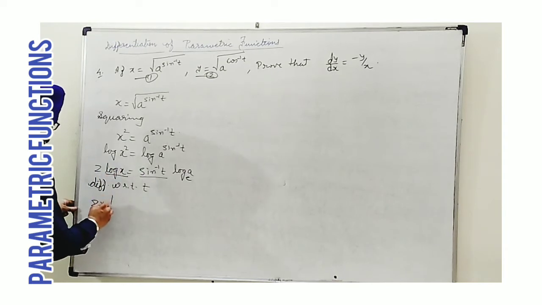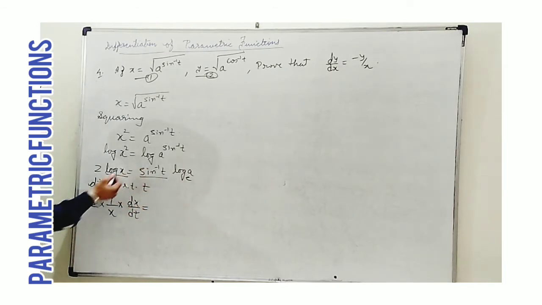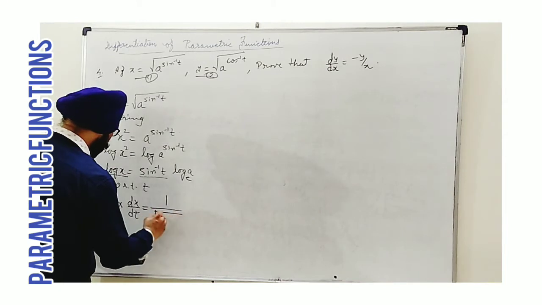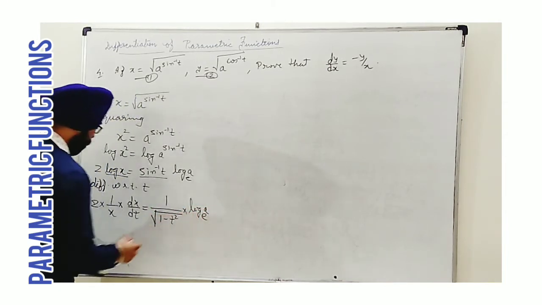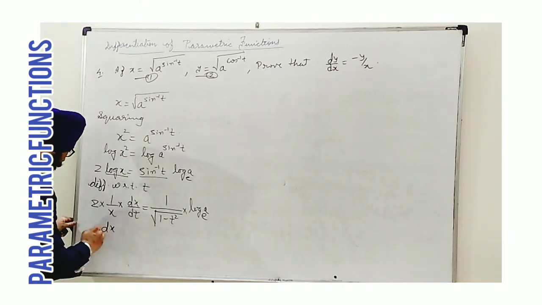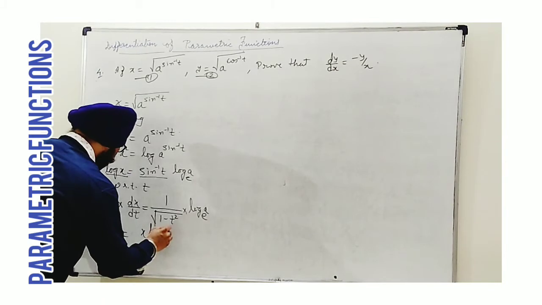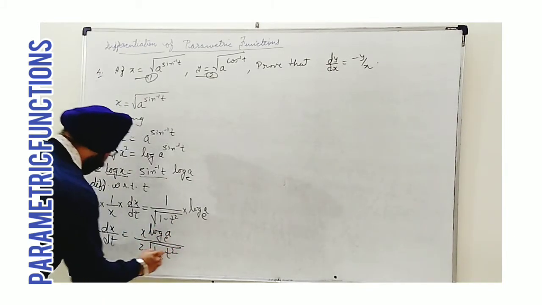Log x will turn 1 upon x into dx upon dt, equal to sin inverse t, which when differentiated gives 1 upon root 1 minus t square, into log of a being constant as it is. So finally dx upon dt is x log a upon 2 root 1 minus t square.